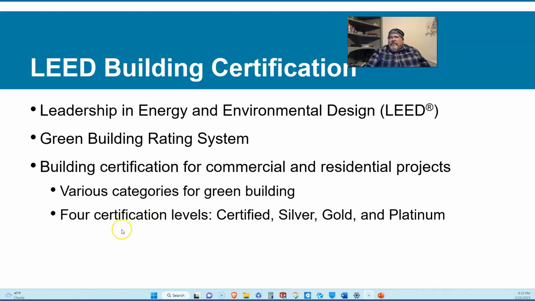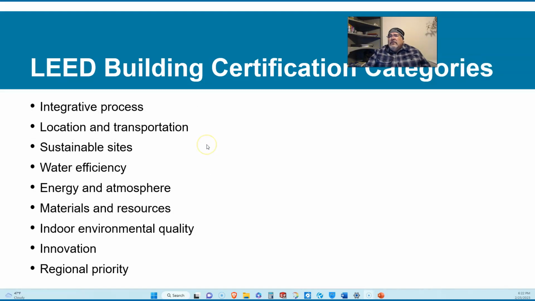So you have 4 certification levels of a building. It can be certified, silver, gold, and platinum. So a building that has high LEED standards, platinum, is taking into account every possible aspect of energy efficiency.